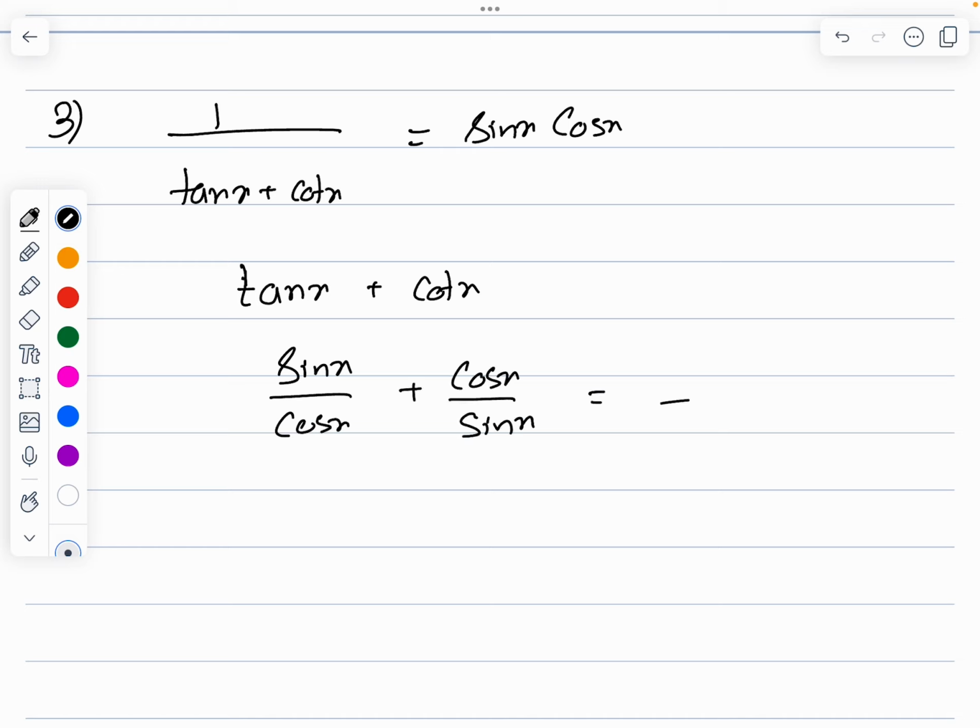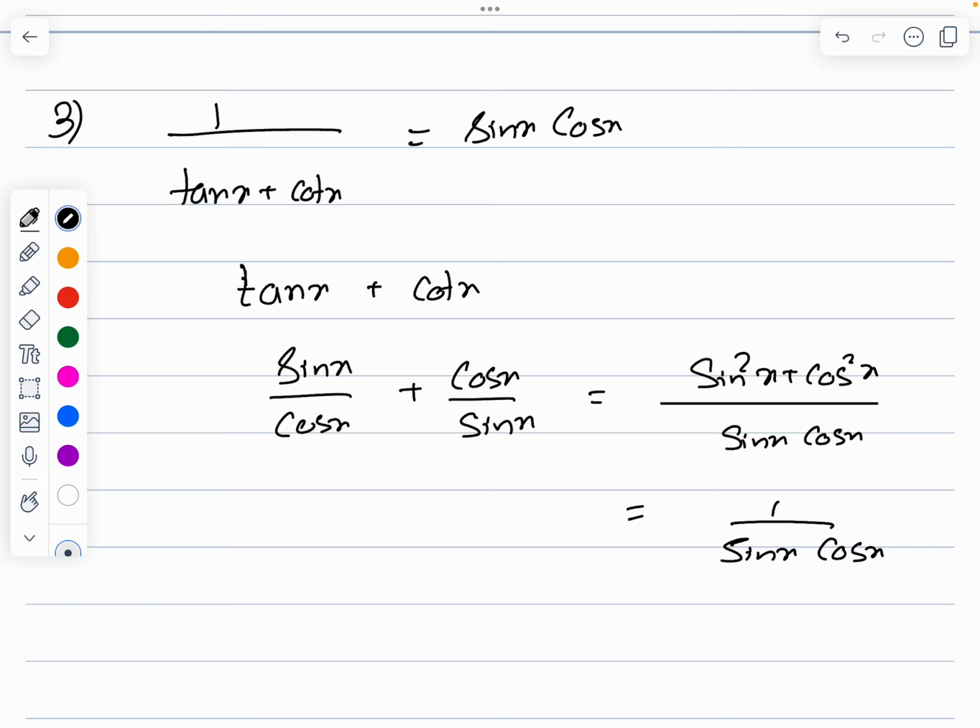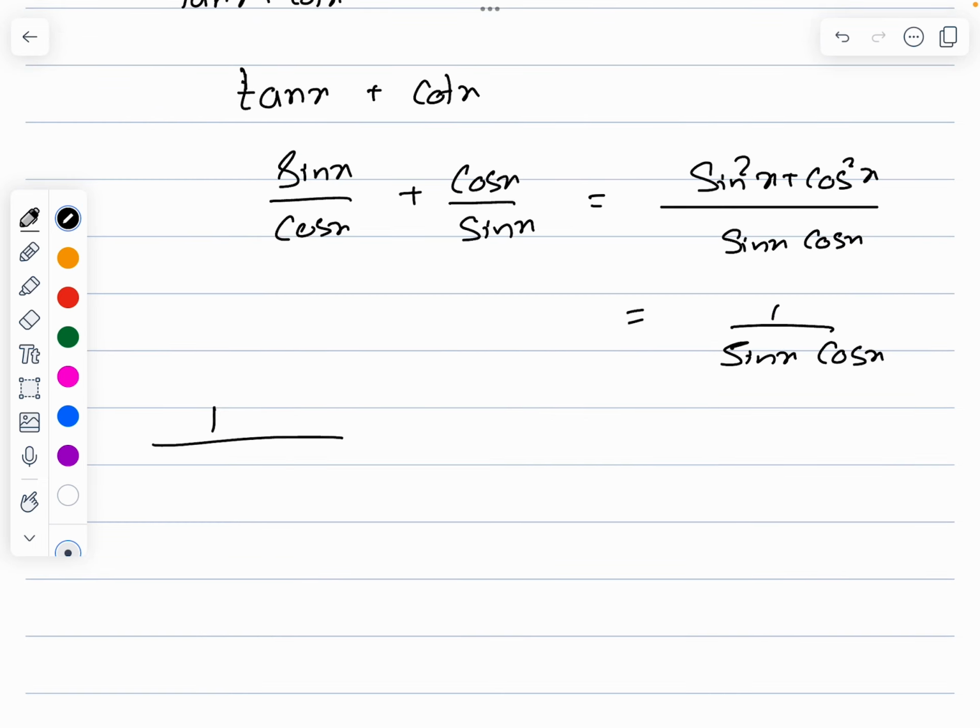Then I take the common denominator, which is sin x times cos x. Cross multiplication gives sin square x plus cos square x, which is 1, upon sin x cos x. So 1 upon (tan x plus cot x) is 1 upon 1 upon sin x cos x, which is sin x cos x. That's going to be the answer.